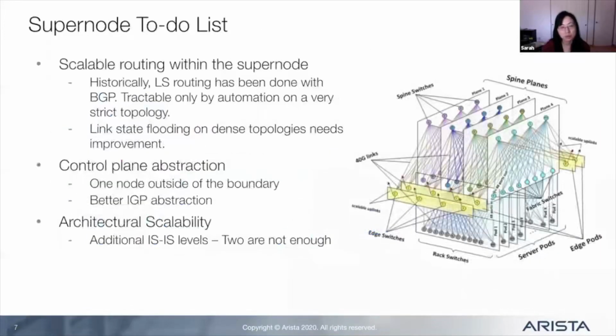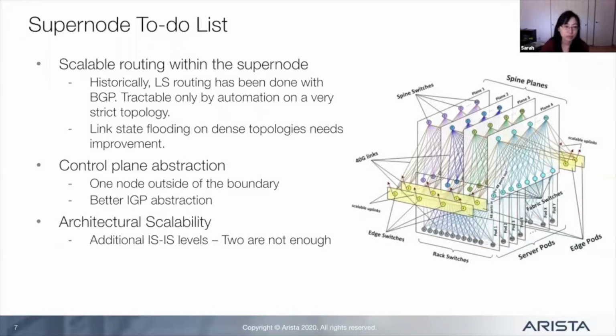So on top of the to-do list for supernode is scalable routing within the supernode. We want to use link state IGP within the supernode. However, link state flooding has a problem in dense topologies, which I will explain later, and we need some improvement here.